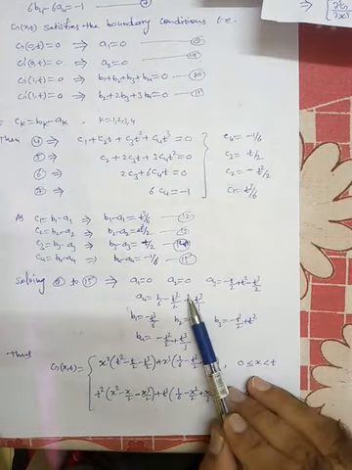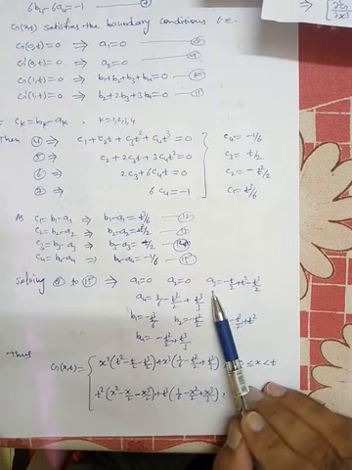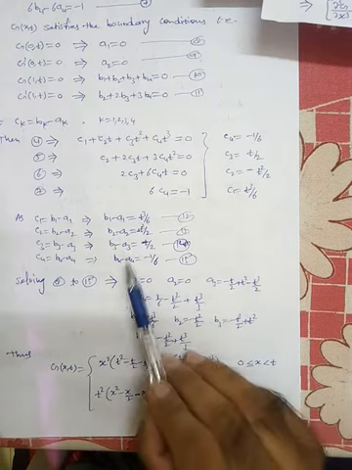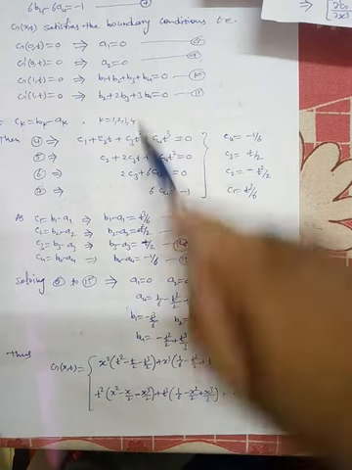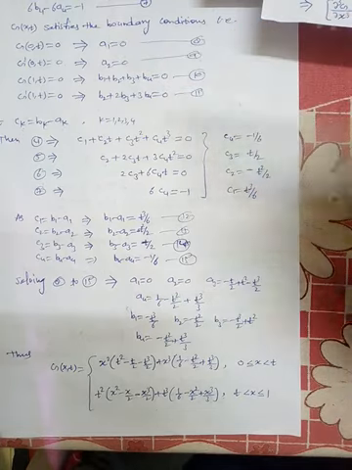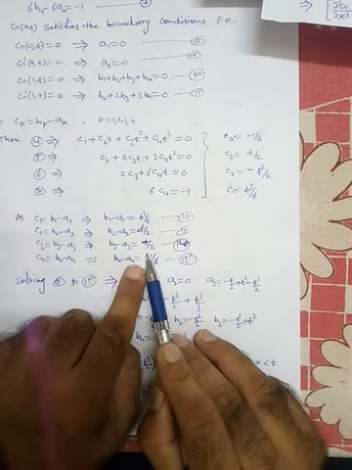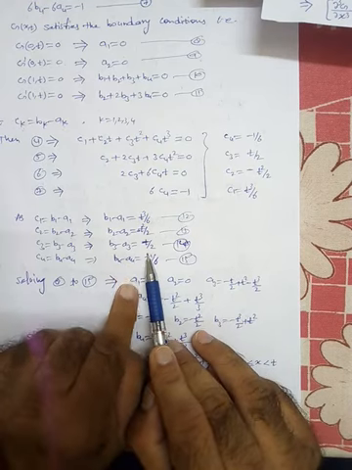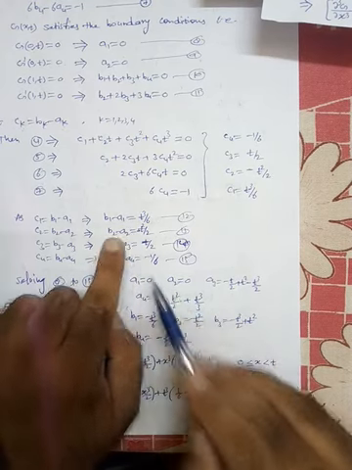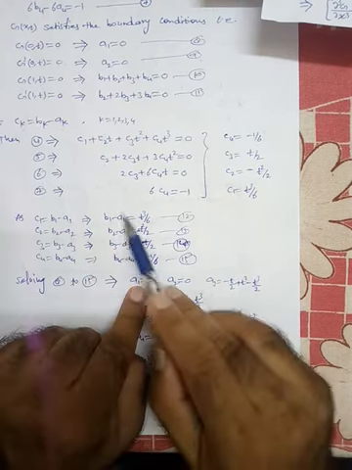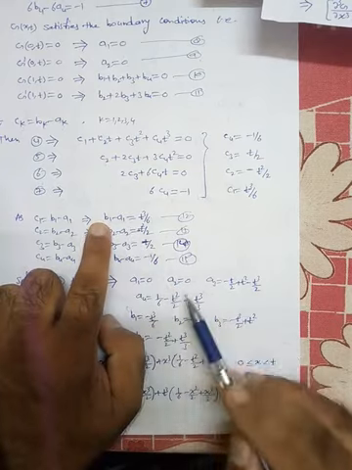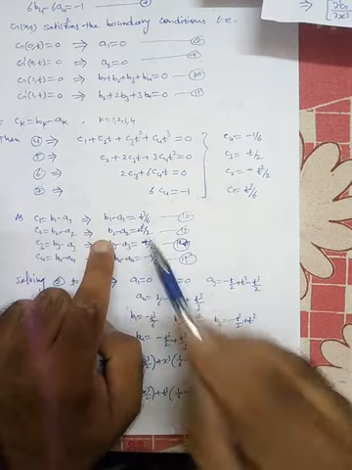And now put it in this. A3 will be from this equation, because from here, when you put a1 as 0, we get b1. Put a2 as 0, so we get b2.